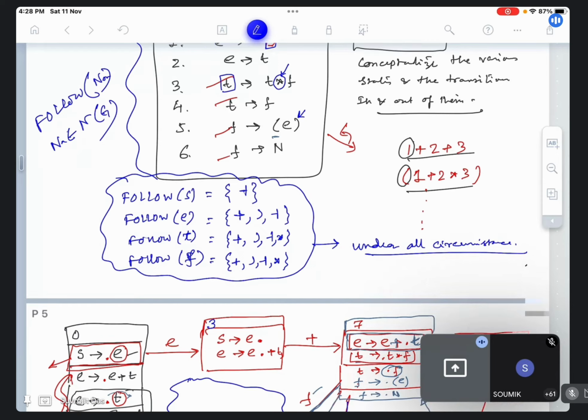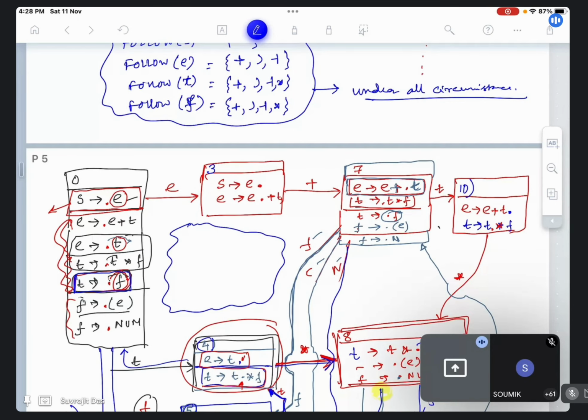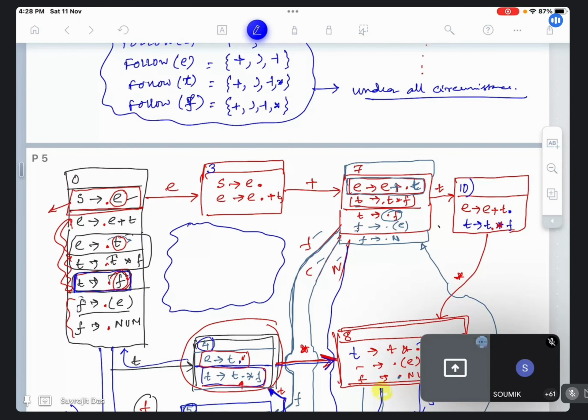Okay. So how did I ask you to reduce this conflict? This conflict can be reduced if and only if the follow set of the non-terminal that you would like to use for reduction allows it. Out of these two LR0 items, this is the only production that would be reduced if you take a reduce decision, because you cannot reduce the other.